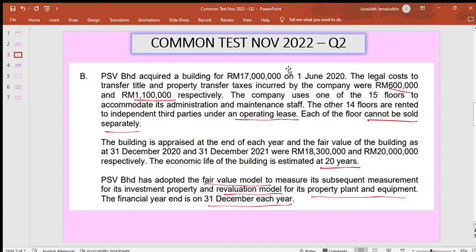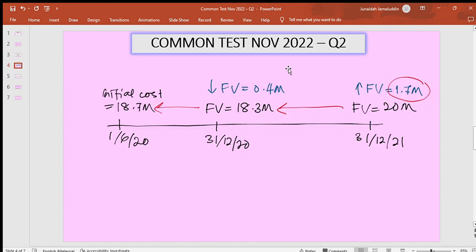Lepas tu kita kena explain pula berkenaan dengan subsequent measurement. Okay, subsequent measurement seperti mana yang Madam lukis dekat sini lah, ya. As I discussed just now, for year ended 2020, there is a fair value loss, because there is a decrease in fair value, while for year ended December 2021, there is a fair value gain, because there is an increase in fair value.